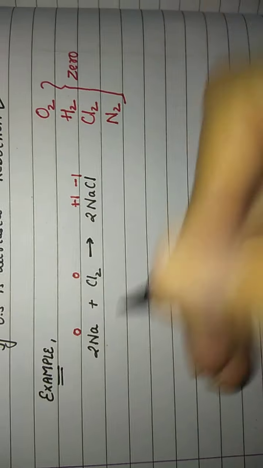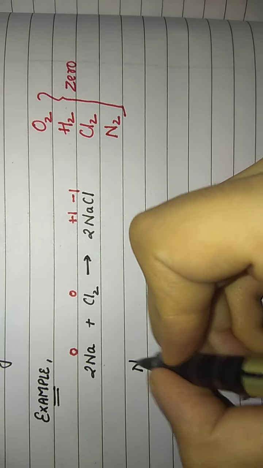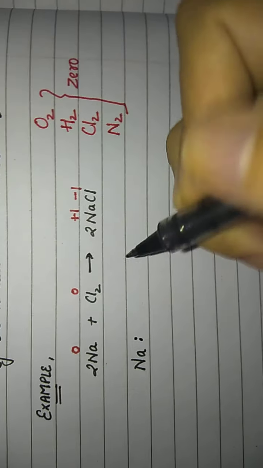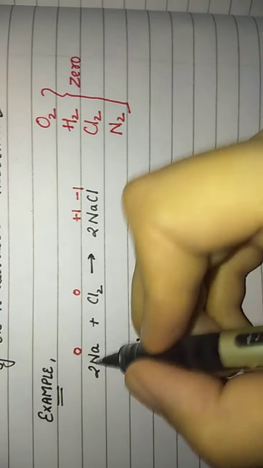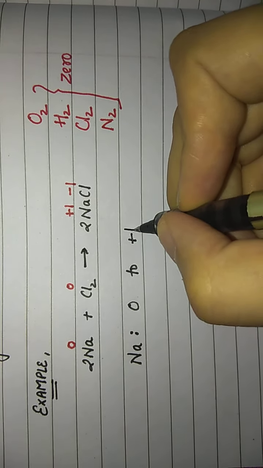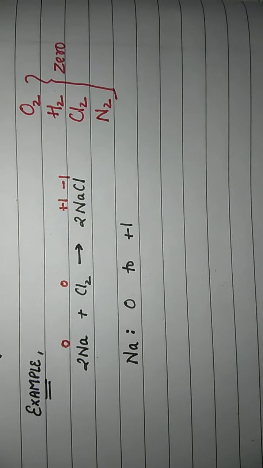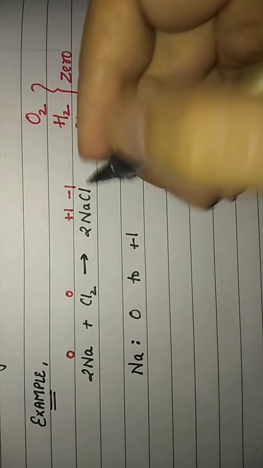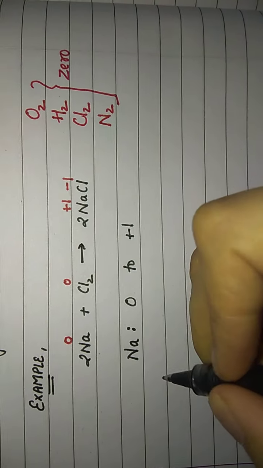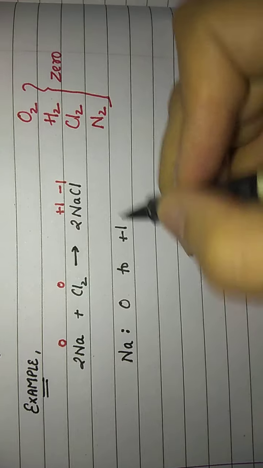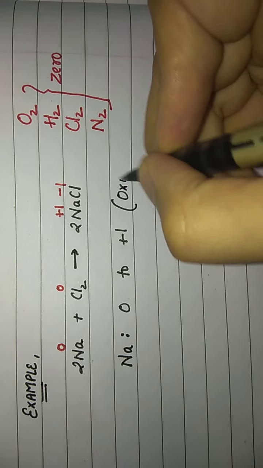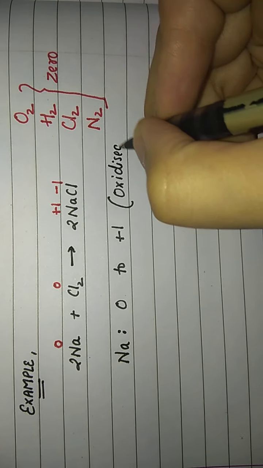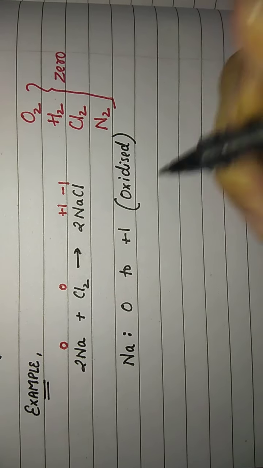So from left to right, sodium is moving from 0 charge to +1 charge. 0 to +1 is an increase, so I will say that sodium is oxidized in this chemical reaction.